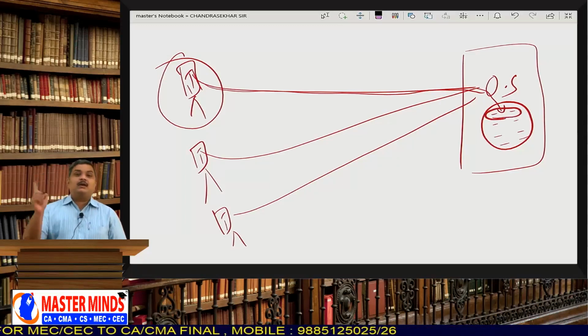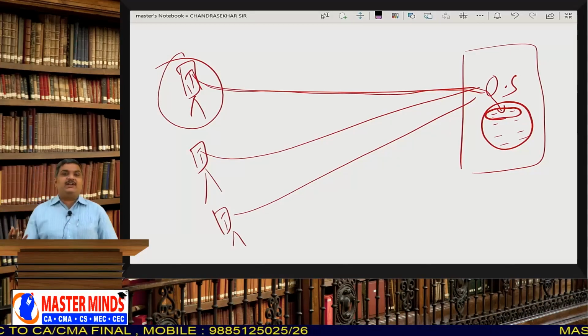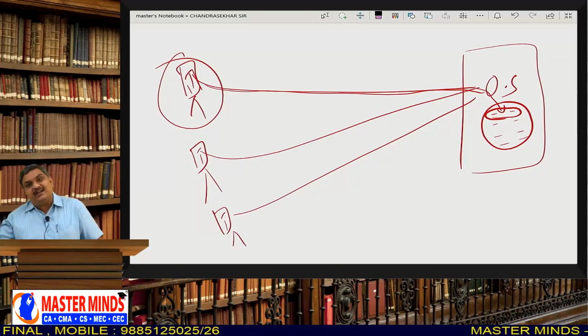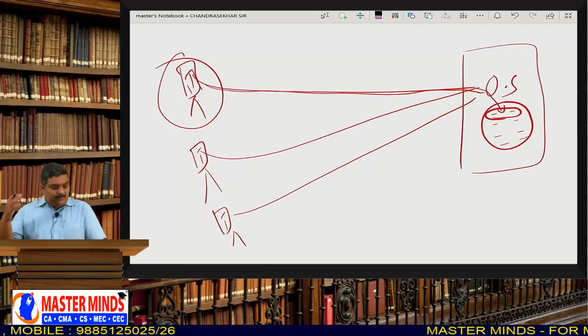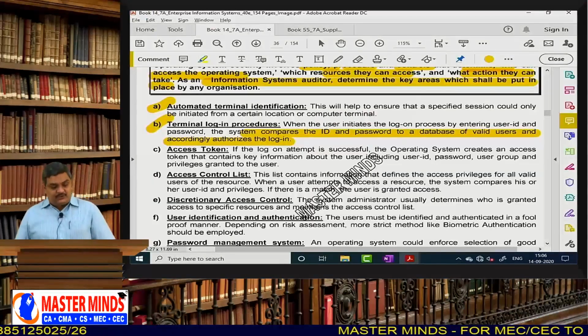Then only the operating system should give me a chance to access the data from the server. Then only it should give me a chance to get connected to the network. Okay. So, that is called terminal login procedure.